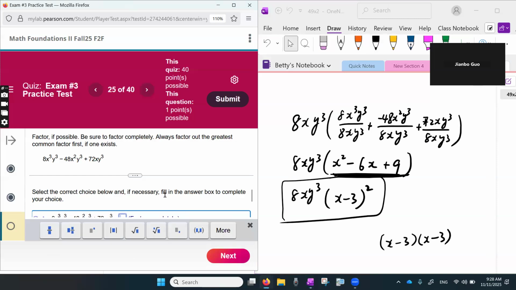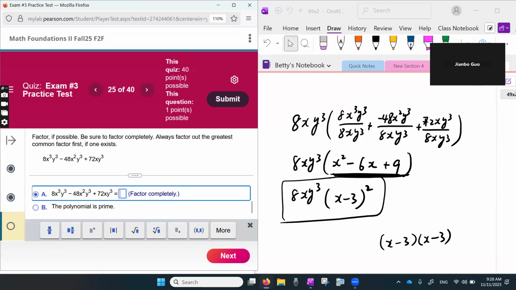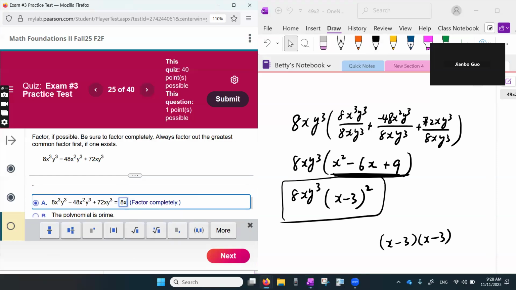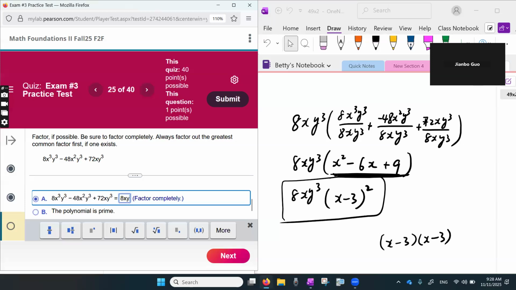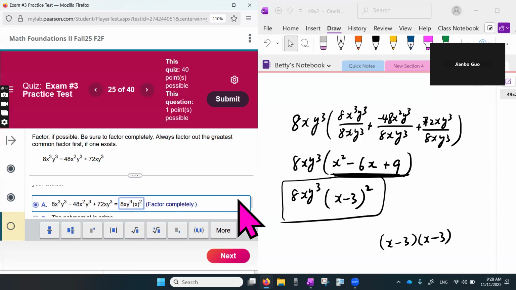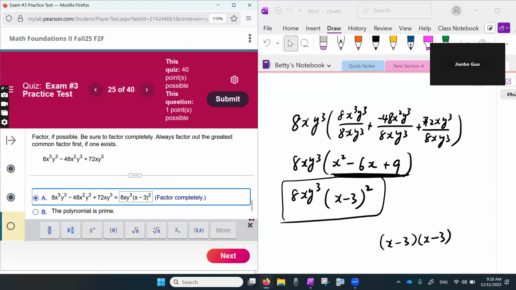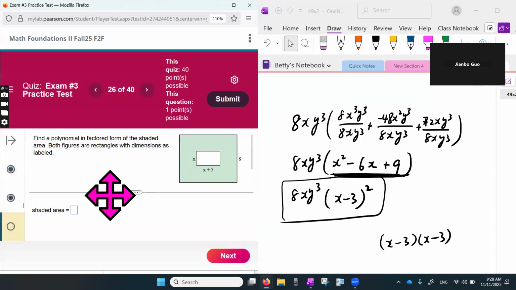The result is 8xy cubed times parentheses to the power of 2. The base of the perfect square is x minus 3. Double check your entry.